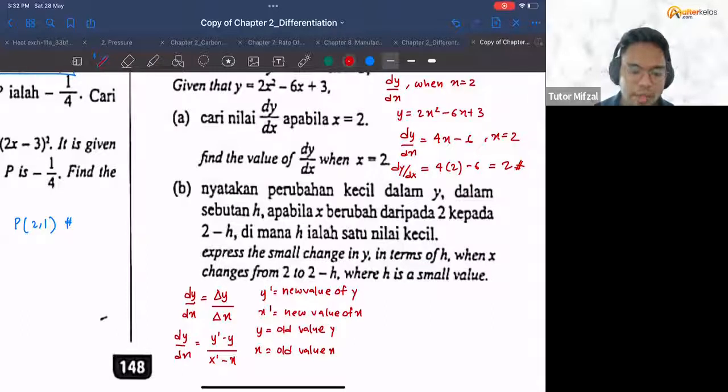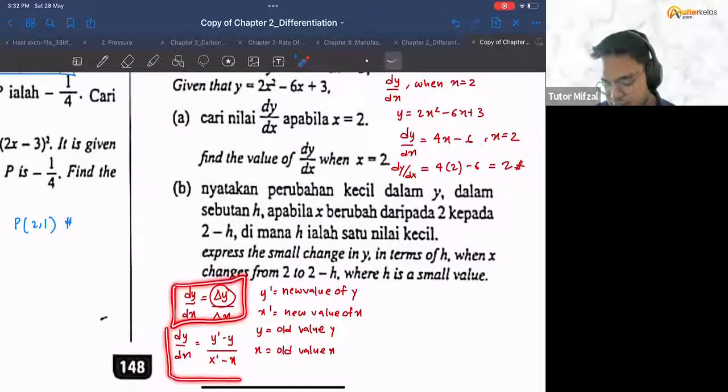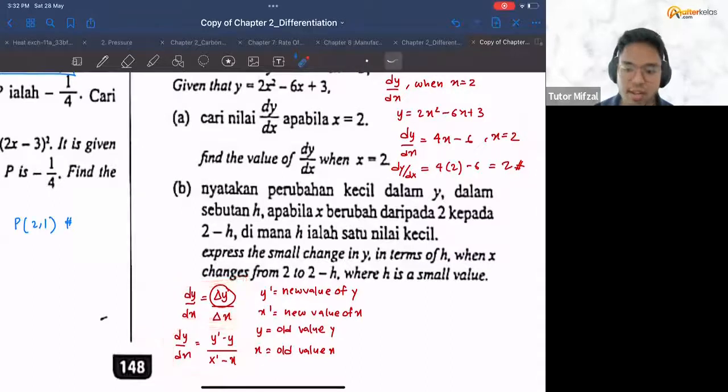Now, how do I do this? They ask us to express the small change in y. So technically, what they want is delta y. We can remain in this form and we don't have to go to the extended form of this formula, because they only ask for delta y.